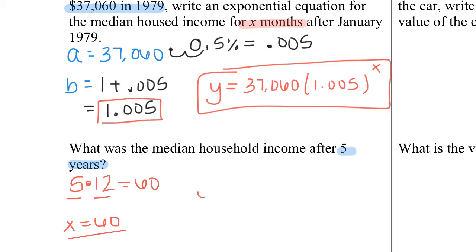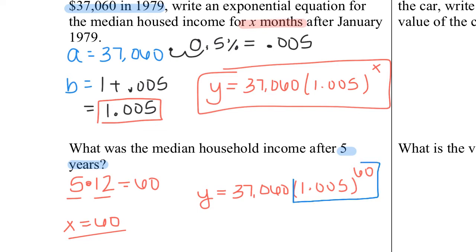So when we substitute this number in, 37,060 times 1.005 to the 60th power. This will tell us the median household income after 5 years. We're going to use a calculator to help us evaluate this. First thing we're going to evaluate is this 1.005 to the 60th.